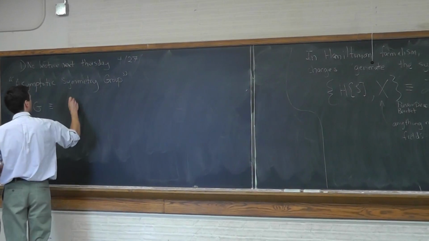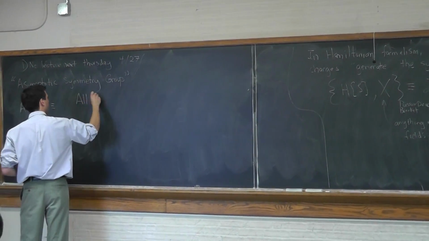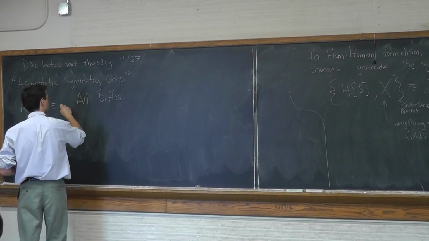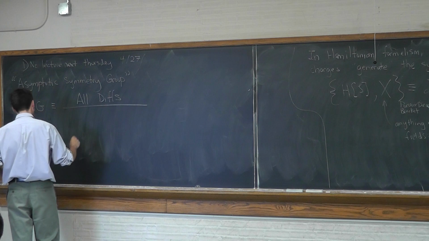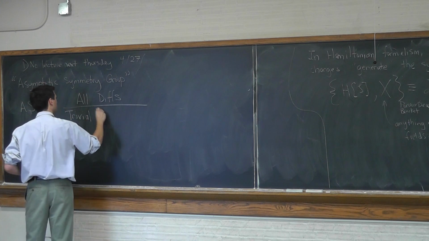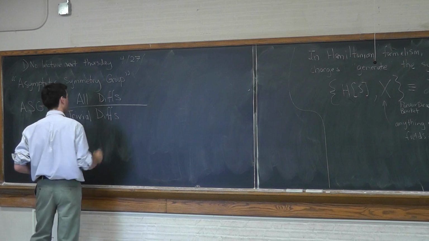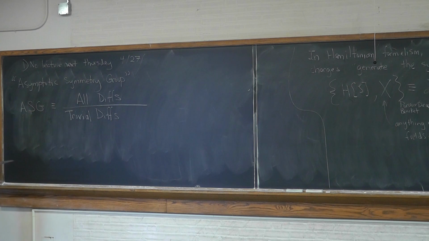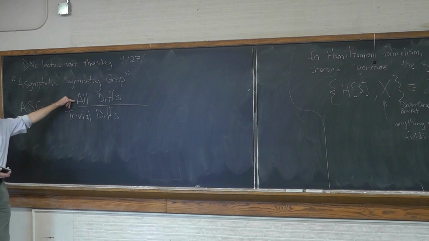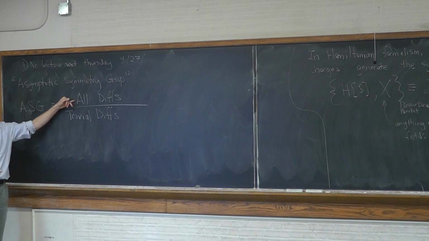What that does is it sort of mods out by trivial diffeomorphisms. So sometimes people define it this way. It's the set of diffeomorphisms modded out by trivial diffeomorphisms. So let me define what I mean by this. All diffs, that's just every vector field that's allowed.